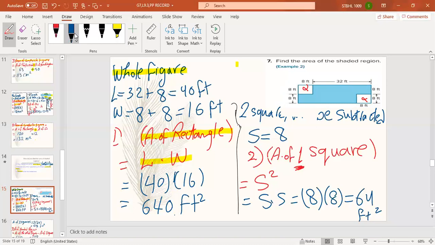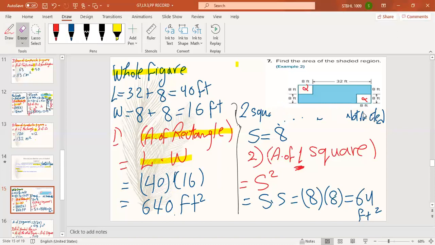So we will find the area of one square, and then we will subtract the area of the two squares.